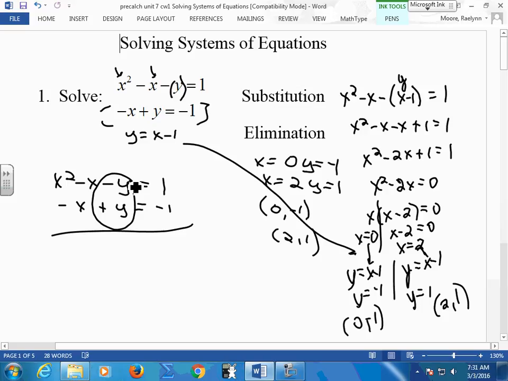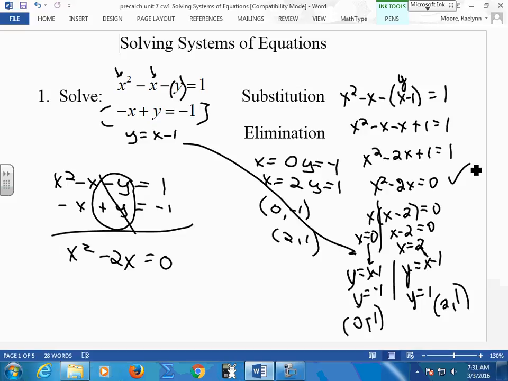Or I have to manipulate them a little bit. So I have x squared minus 2x, the y comes out, and I'm equal to 0. And then I'm at the same step that I was right here. And then we would do the same exact thing. Right? So elimination is nice. If things line up and you see that you can eliminate, by all means eliminate.